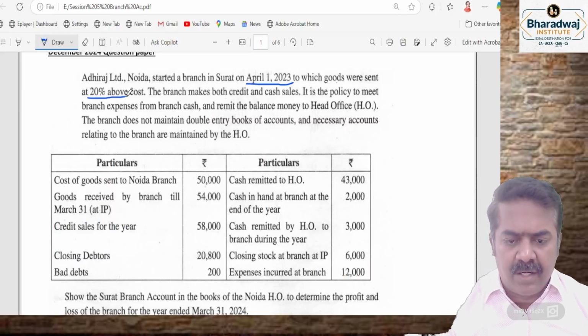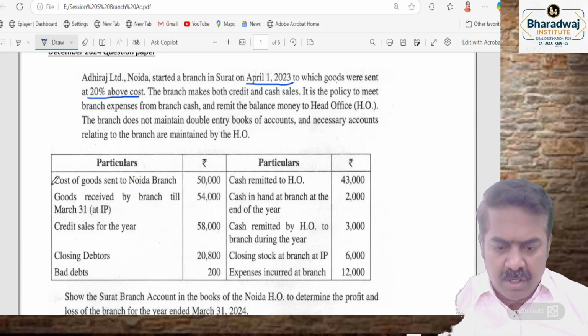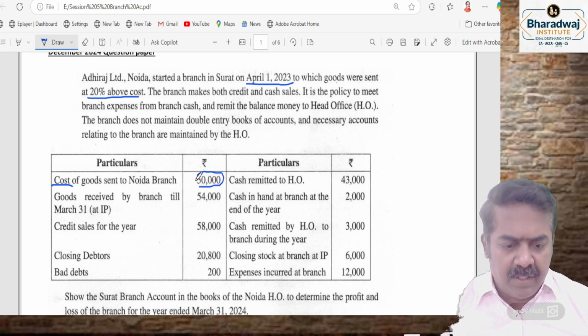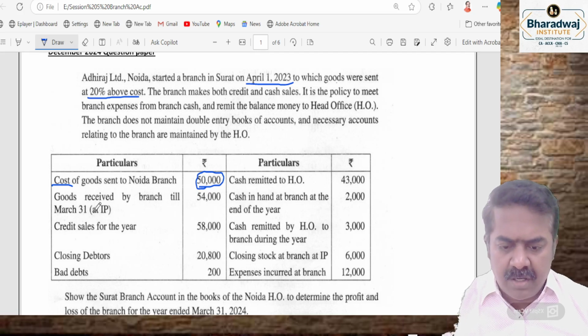Goods were sent at 20% above cost. So the cost of goods sent is given; you will add 20% to 50,000. Goods received by the branch till 31st March is given at invoice price.